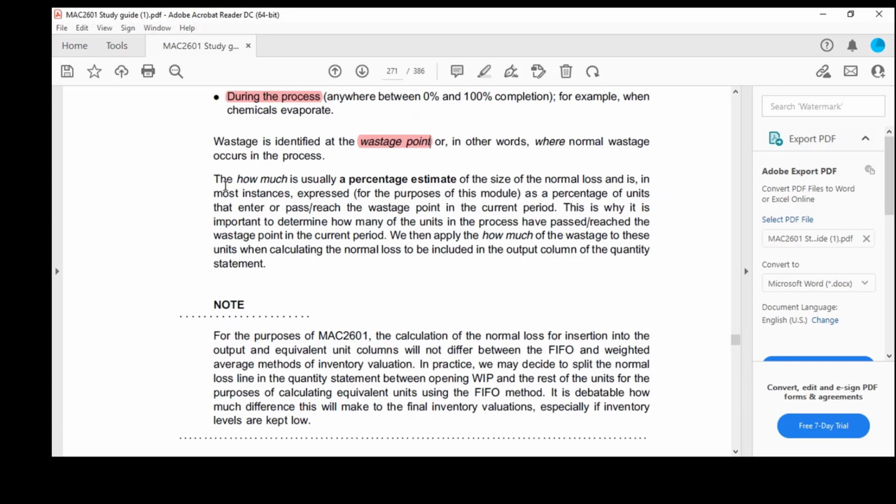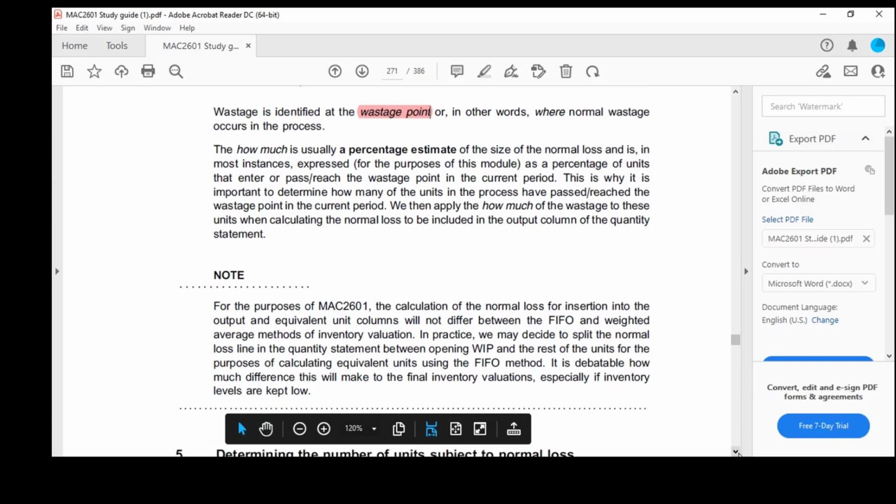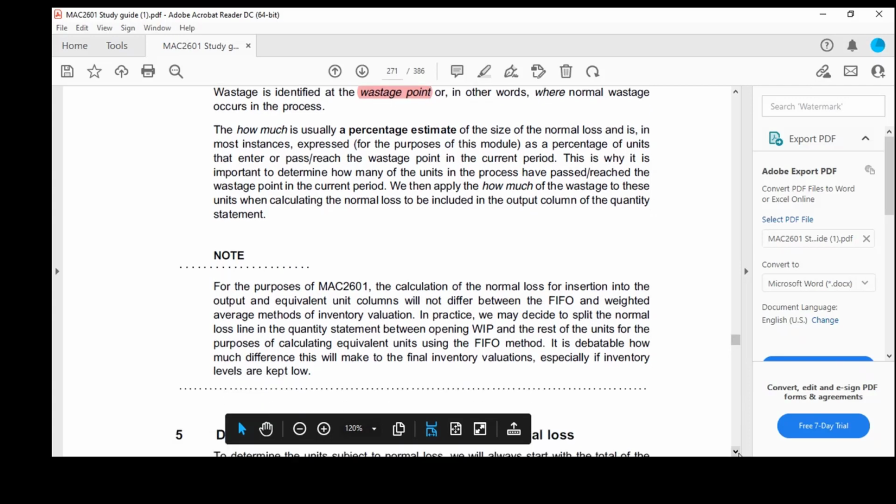So remember, you firstly identify where the normal loss occurs. So for you to know how much, you need an estimate of the size of your normal loss for each and every single unit that passed that wastage point. You will see as we do an example. And it has to be for this current period. Okay.